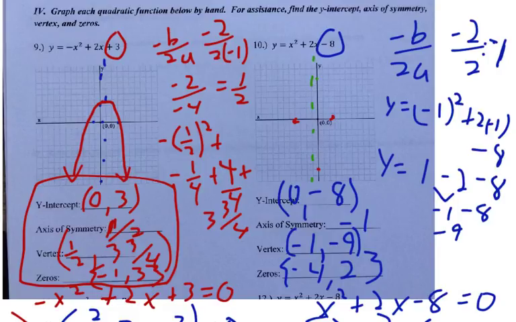That's where you can fold the graph over in half. It's symmetrical. And then the vertex is negative 1, negative 9. So I go left 1, down 9. It's going to be somewhere about there. And then I just connect all these, making my quadratic go through the existing points that you have, and it should look something like that. All right, that sums it up for 10.